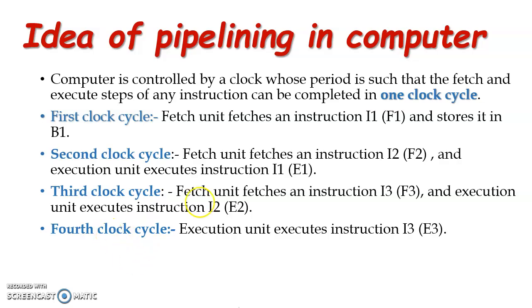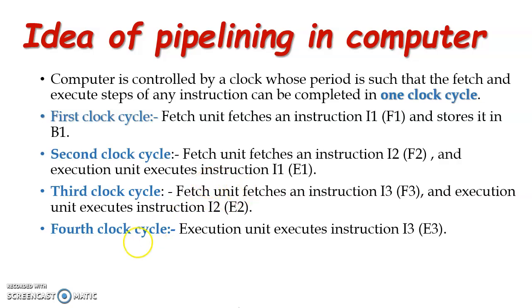In the first clock cycle, the fetch unit fetches the first instruction and stores it in the buffer P1. In the second clock cycle, the fetch unit fetches the second instruction and the execution unit executes the first instruction. In the third clock cycle, the fetch unit fetches the third instruction and the execution unit executes the second instruction.